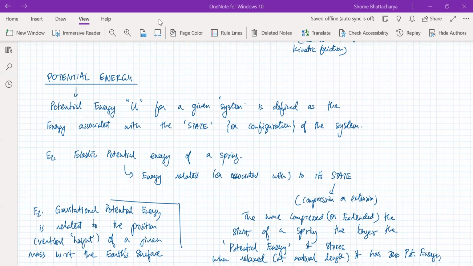It will be positive because you'll have to go against the restoring force of the spring and displace it. Yes, sir. So that work done by the external agent gets stored in the spring as potential energy. That's why when you compress a spring from natural length to some compression, the spring ends up storing some energy, which is called potential energy. Okay, sir, got it.